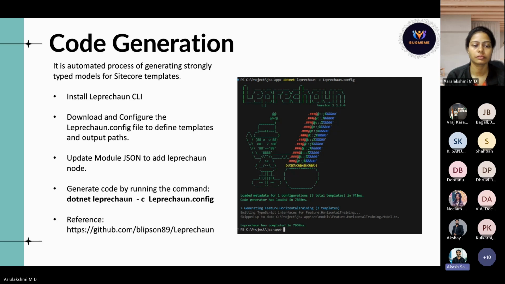Then we have to update our model JSON file to have a Leprechaun node. Once all the setup is done, we just run the command dotnet leprechaun -c leprechaun.config inside the folder where we have the leprechaun config downloaded and updated. It will generate the strongly typed classes for the Sitecore templates.